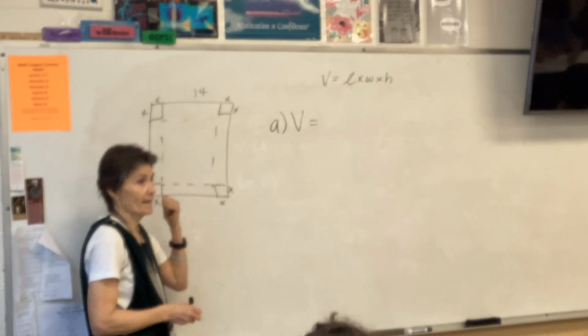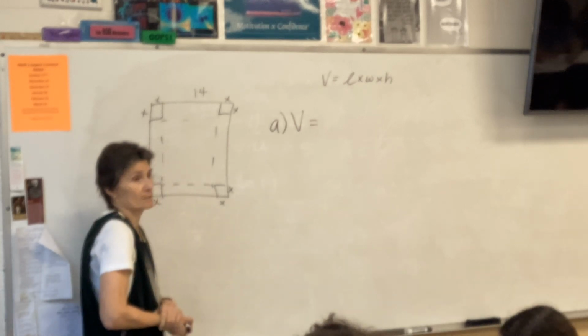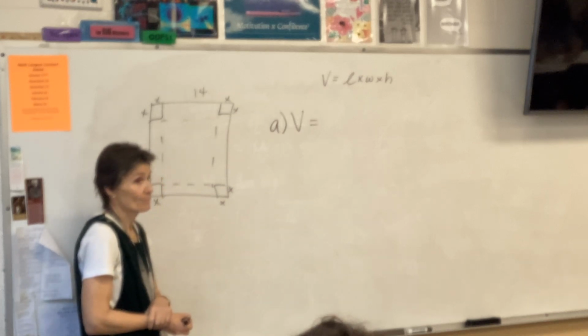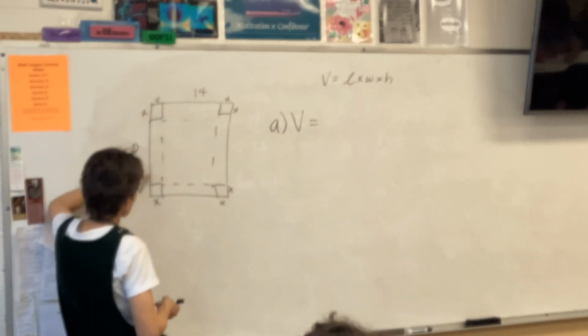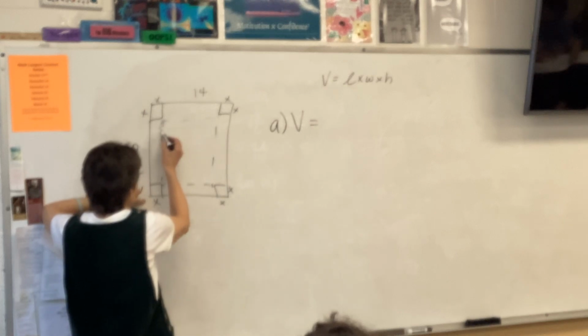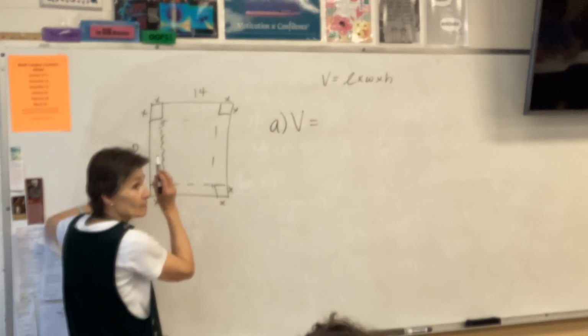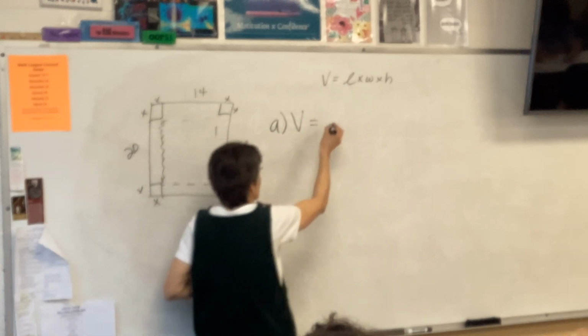So what is its length? What's the length of this box? Well, the length of the paper is 20. But this is the length of the actual box. So what's that? 20 minus 2x.